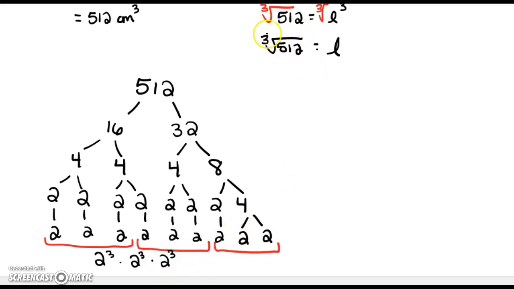When I cube root something, that means I get rid of those exponents. So essentially what I'm left with here is 2 times 2 times 2 as my edge length, which is actually equal to 8. So here my edge length, my L, is 8 centimeters.